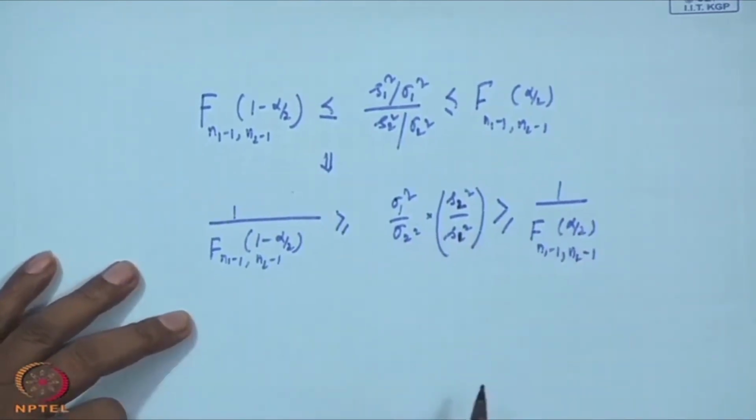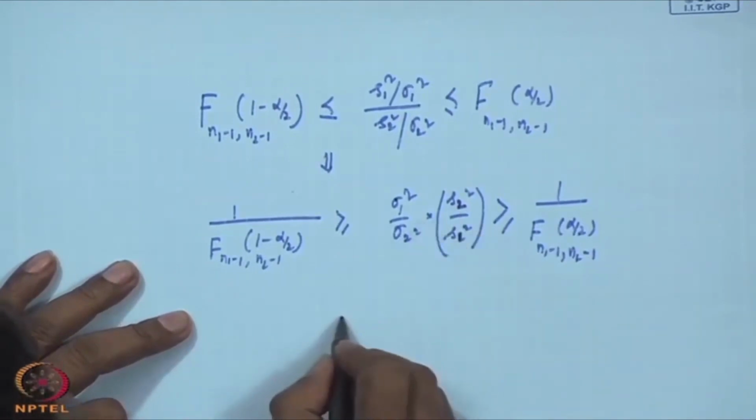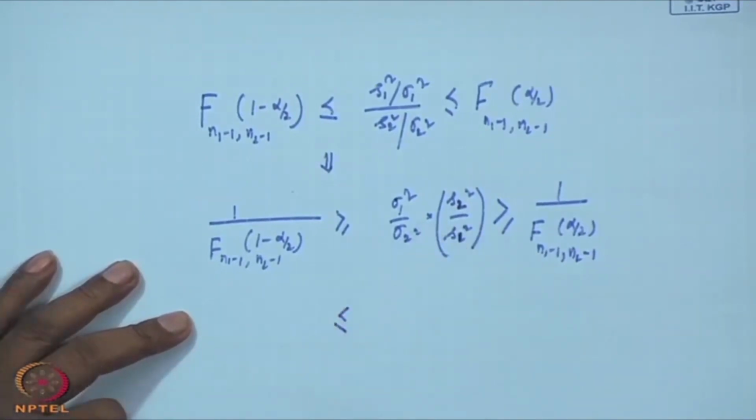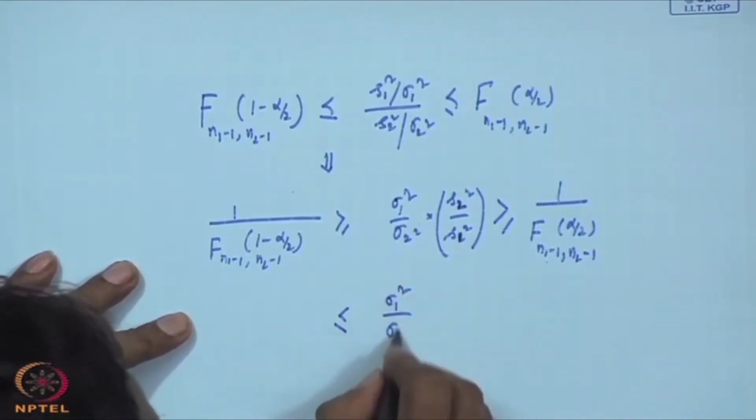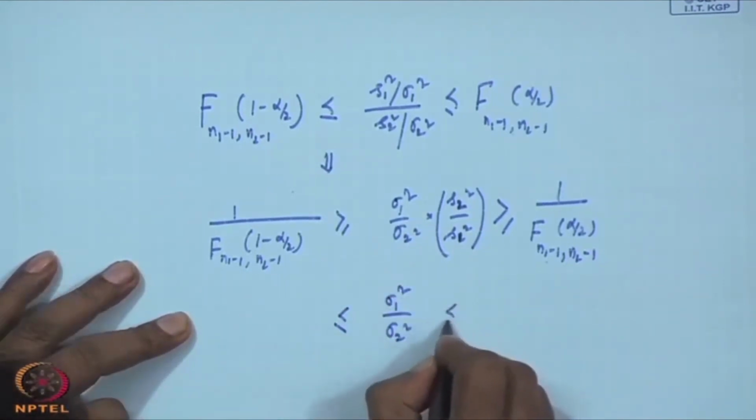Now, I am writing just in another way. So what we are doing, we are again going to the standard format, the way we write sigma 1 square by sigma 2 square. I am writing like this.